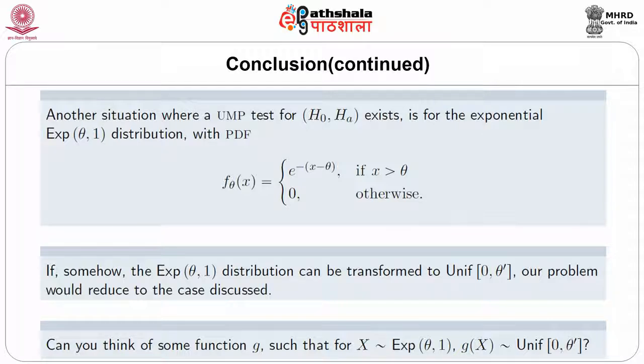Can you think of some function g such that if X follows this distribution, g(X) follows uniform 0 theta dash?